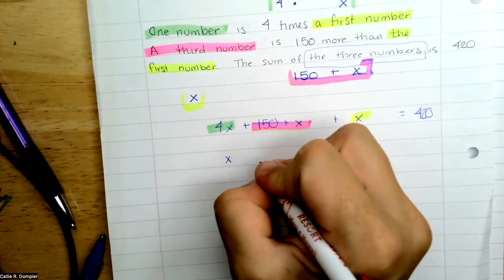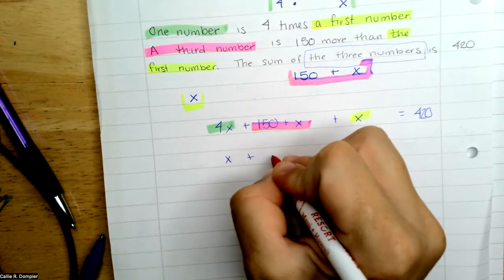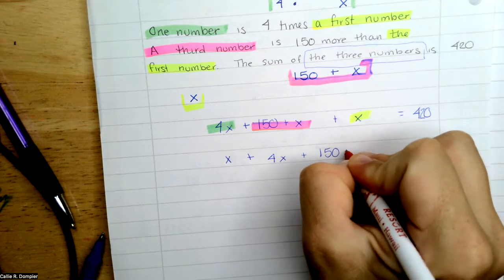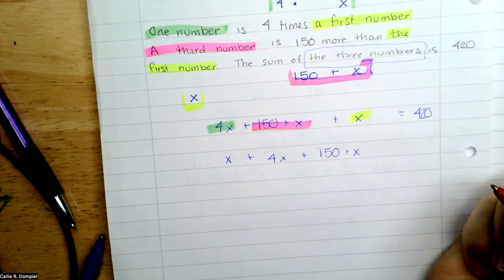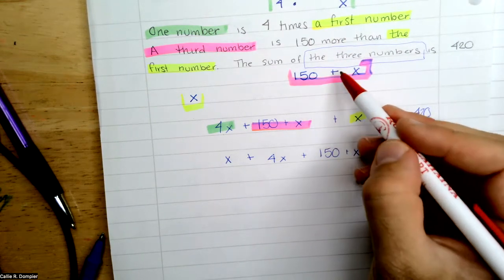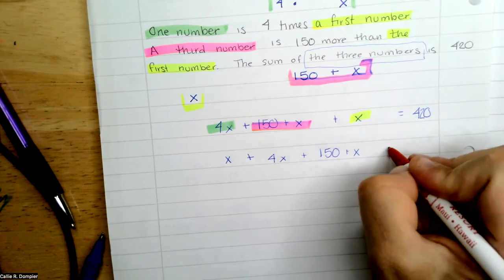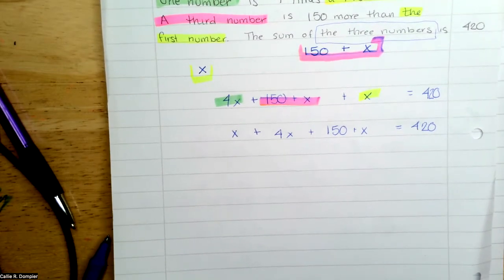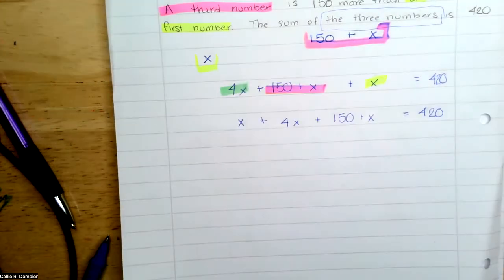It's fine if you rewrite it as a first number, because they call it the first number, plus 4 times that number, plus 150 added to that number. Good. 150 more than the first number equals 420. Now, just like last time, I'm going to combine like terms.